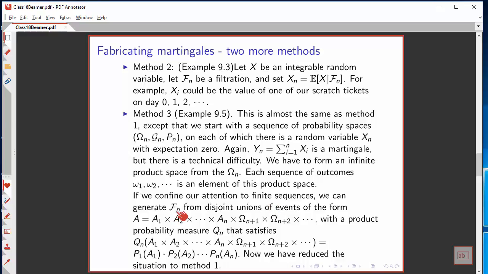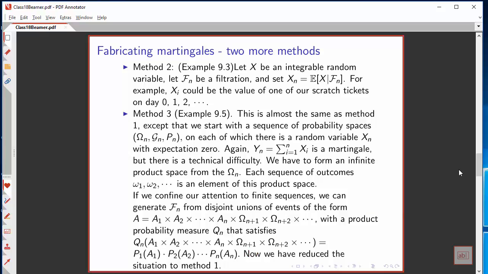We can say that one of the events in our filtration is a product of specific events that happen on days 1 through n combined with the entire sample space for all the days that are yet to come, and the probability measure that goes along with this is the probability that event A1 will happen on day 1 times the probability that event A2 will happen on day 2 on up through day n, and then a probability of 1 for the entire sample space subsequently.